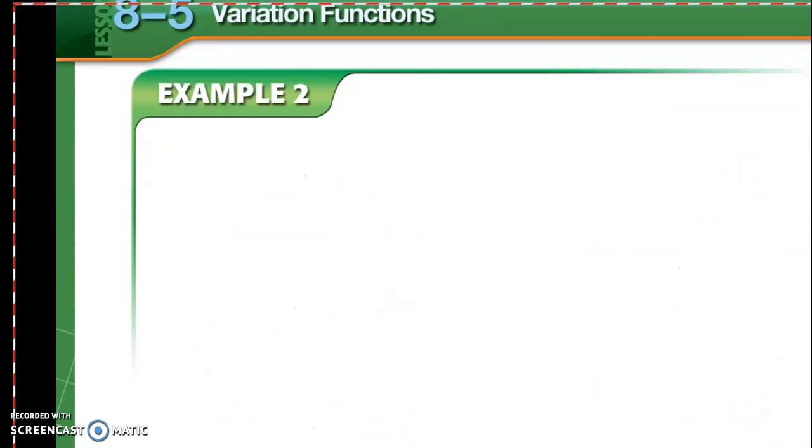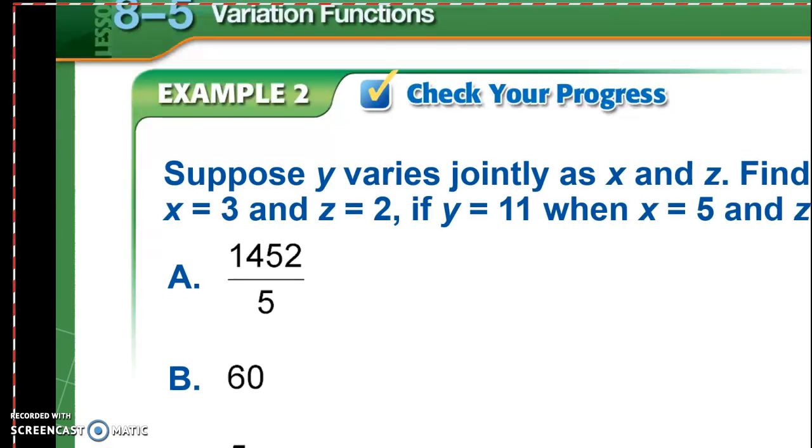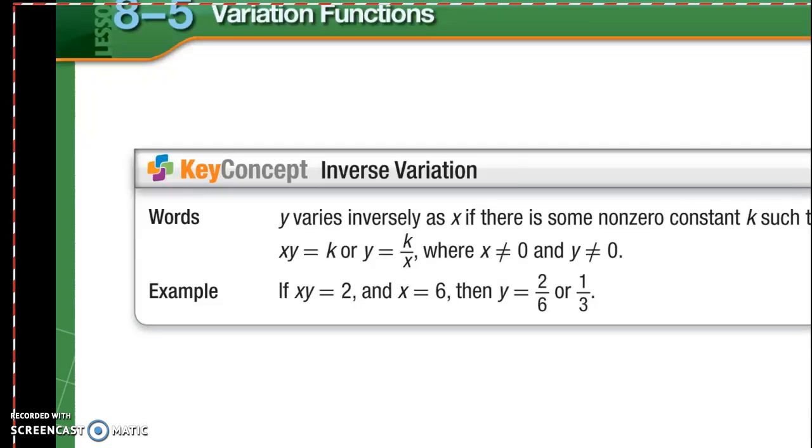Next, we're going to look at inverse. If direct is multiplication, inverse is opposite. So when we see that first word, inversely, we should think division. So it's y equals k over x, because y varies inversely as x.